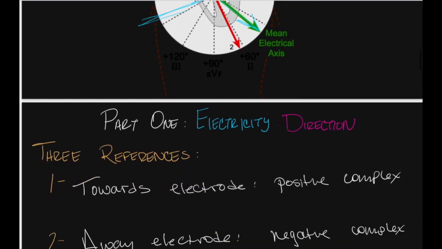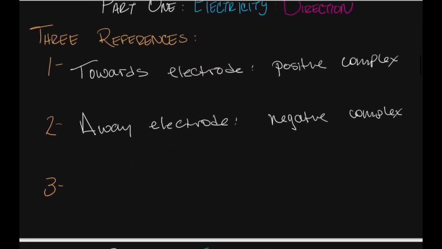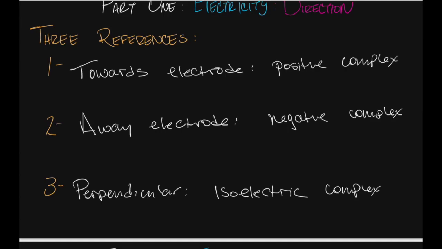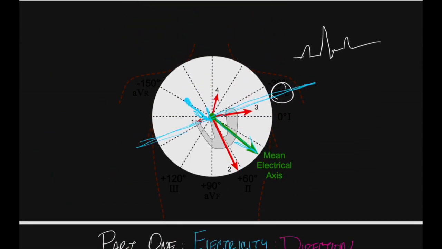And so we can say when the electrical activity is perpendicular, it produces an isoelectric complex. So it's not too uncommon in AVL to get a complex that looks like this. Equal parts up and equal parts down.